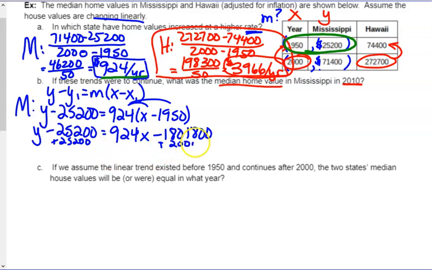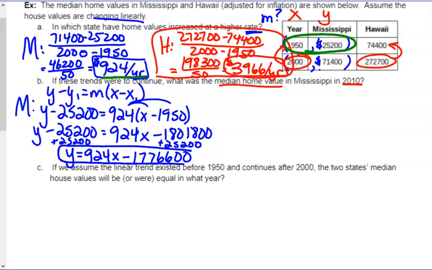Now be careful, that larger number is negative. So add 25,200. So our y equals becomes 924x minus 1,776,600. And that right there is my equation modeling the median values of the homes in Mississippi.